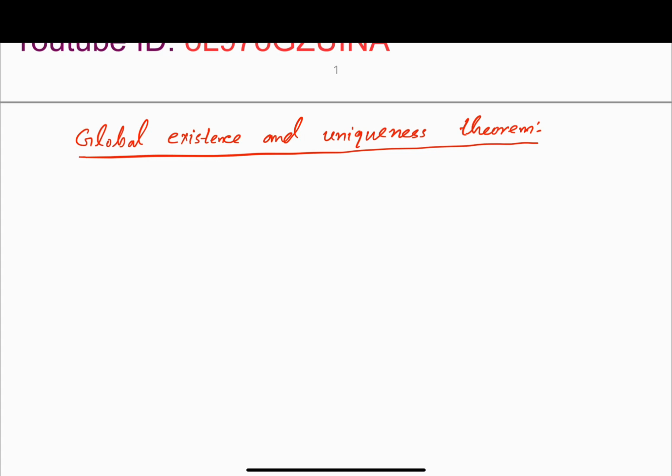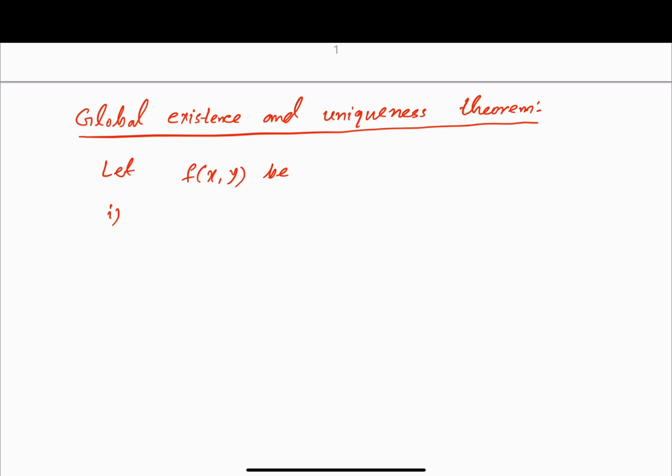It says that let f(x,y) be a function, and two assumptions are given. Assumption one is that this function is continuous as a function of two variables.